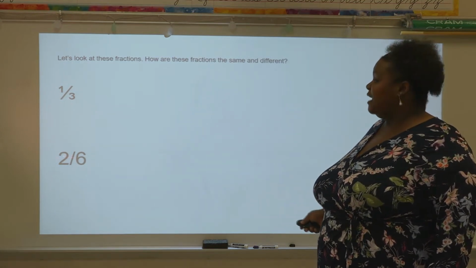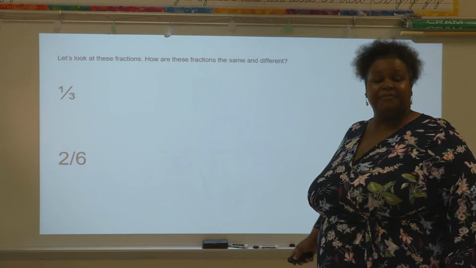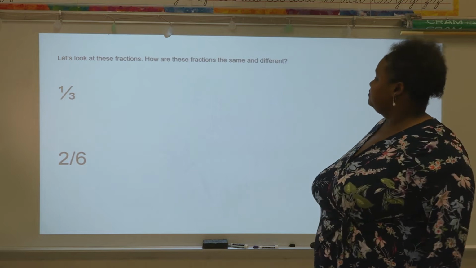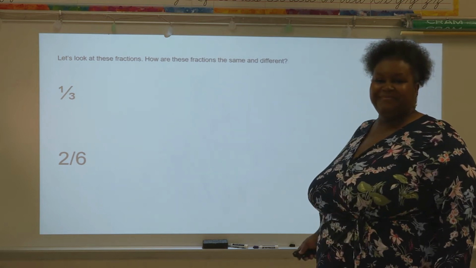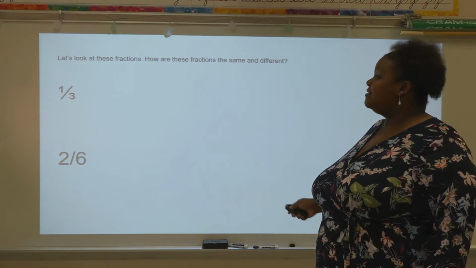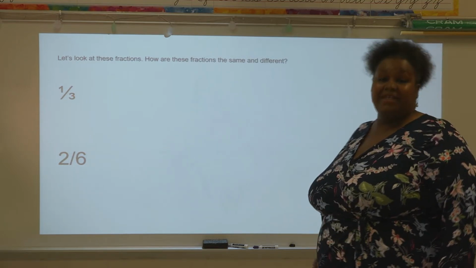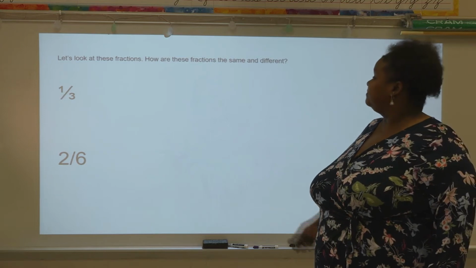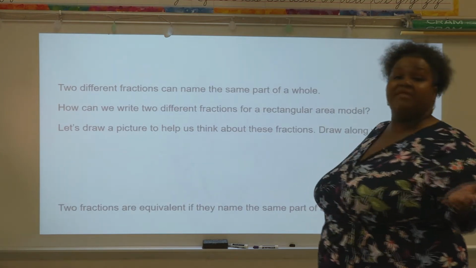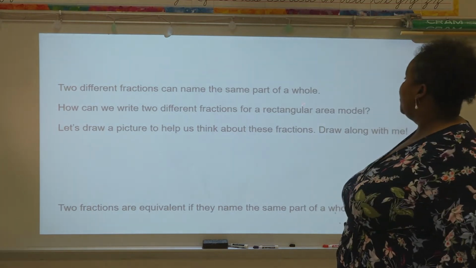Now, how are they different? Our numerators are different, and so are the denominators. Two different fractions can name the same part of a whole.